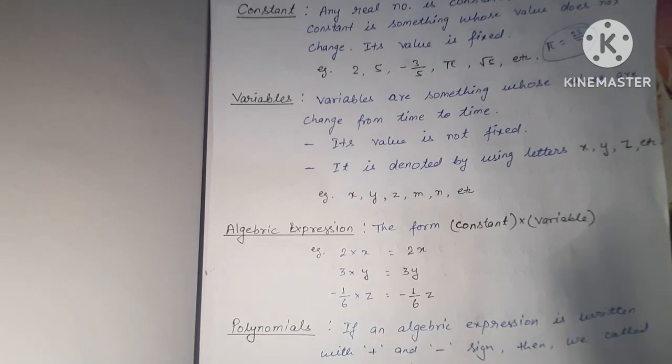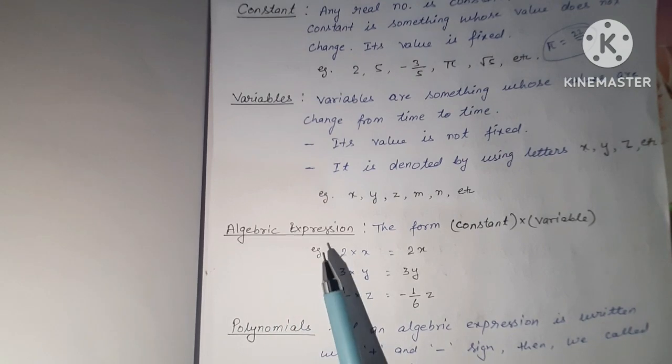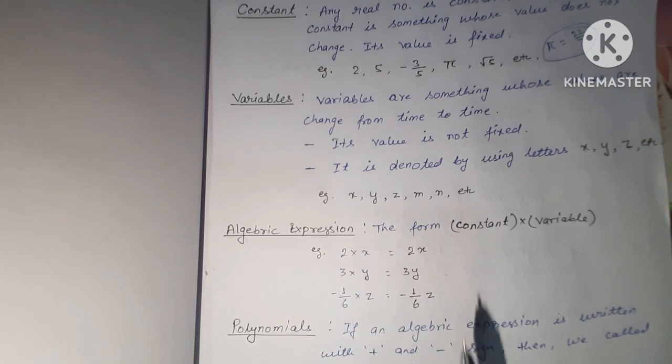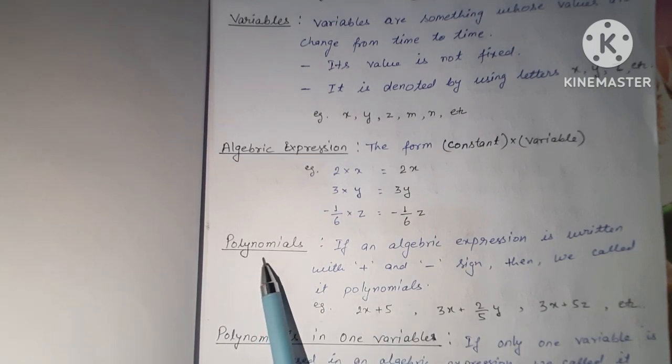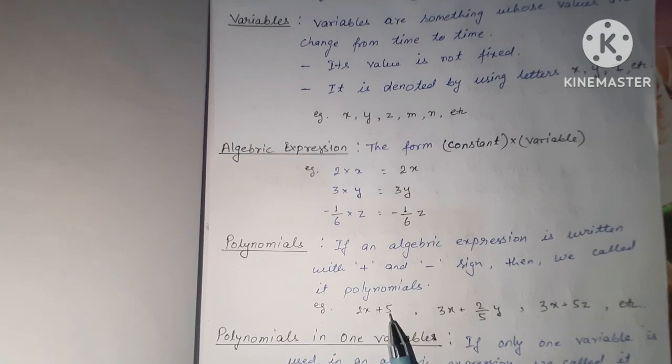So the combination of constant and variable is called algebraic expression, and when these algebraic expressions are written with plus or minus symbol, then we call it polynomials. Like 2x plus 5, 2x is an algebraic expression, 5 is also an algebraic expression, so 2x plus 5 is a polynomial.